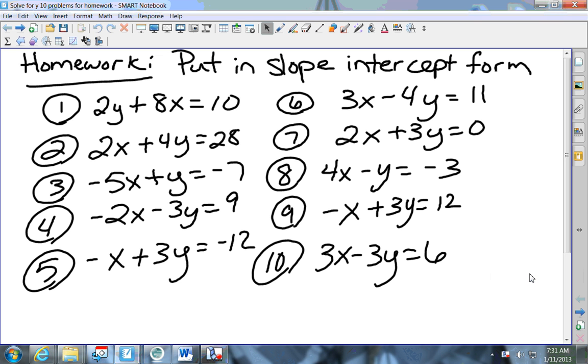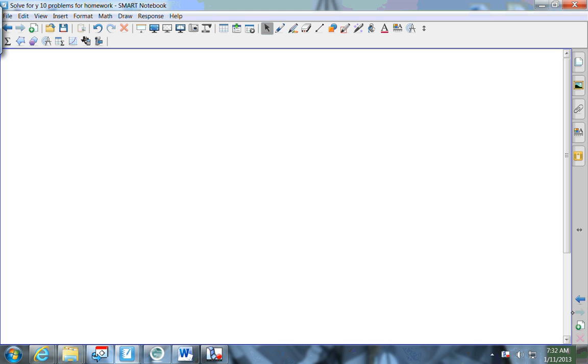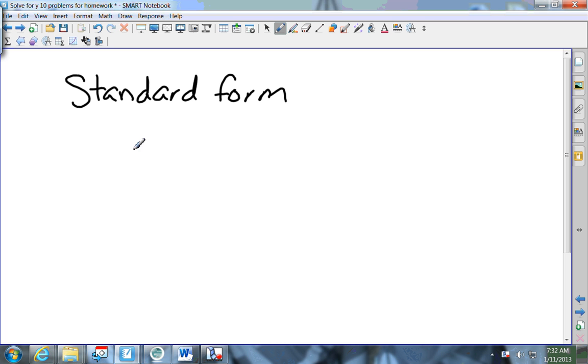Okay, we're going to review and work on taking equations from standard form and moving them into slope-intercept form. Remember that standard form is ax plus by equals c.